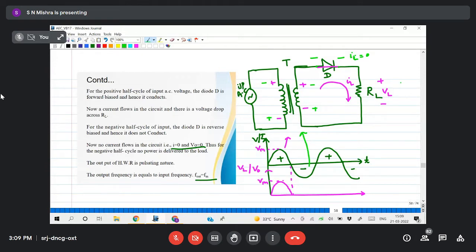So VL here I'll get 0, no current, no voltage. From here to here I'm getting 0 voltage. Again it is a repeating process, so I'll get again positive half cycle, then again 0, so it will continue.